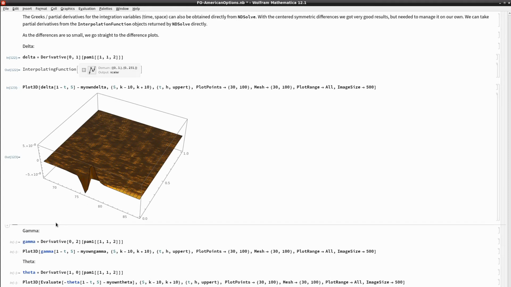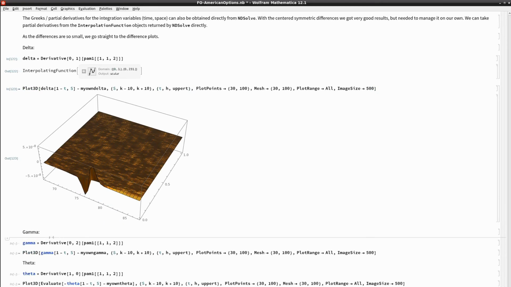And I think that NDSolve and the derivative here do this a bit smarter. The centered differences you can really use only for interior points. But we are going here at a time of 1/1000, right? So that's a very short time to expiration.